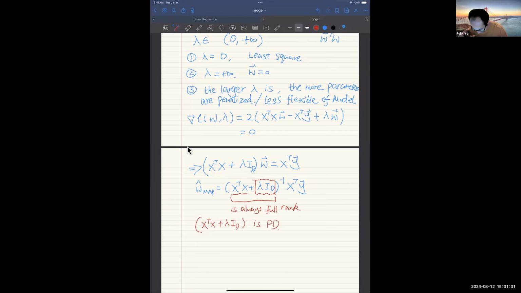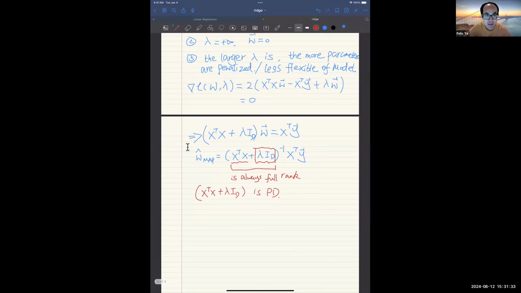All right, this is the matrix form, and there is also an index form.